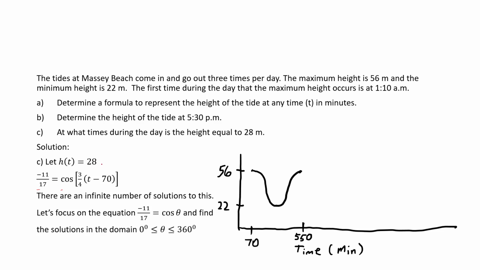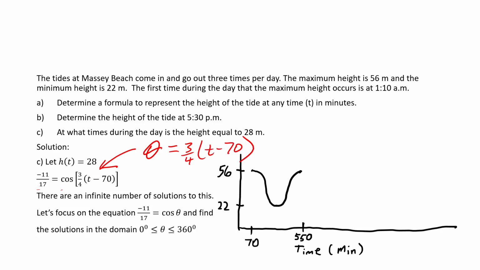Now, keep in mind that the angle in the question is whatever we're operating the trig function on. So in this case, the cos is operating on 3/4 times (t minus 70). If it helps us to think about it, we can say theta equals 3/4 times (t minus 70). Theta is the angle.